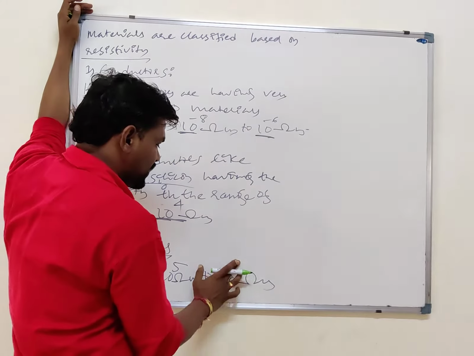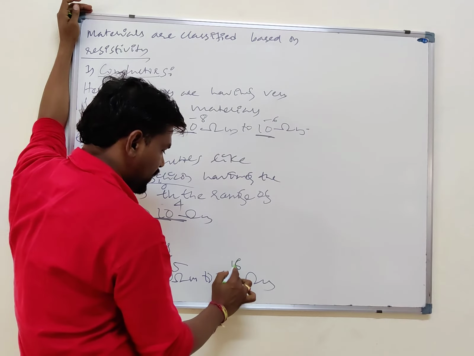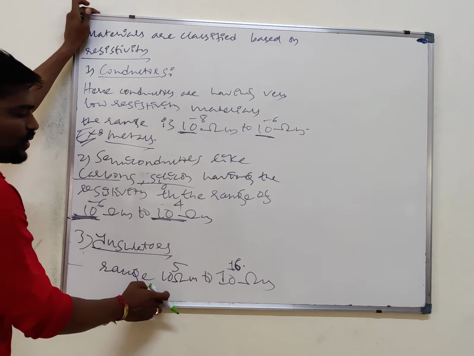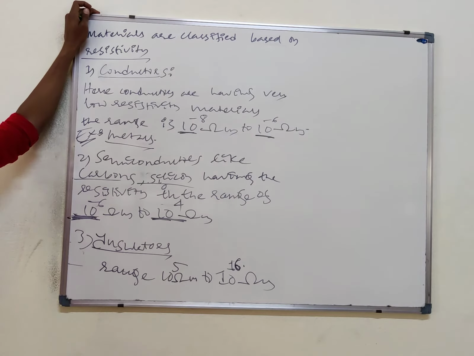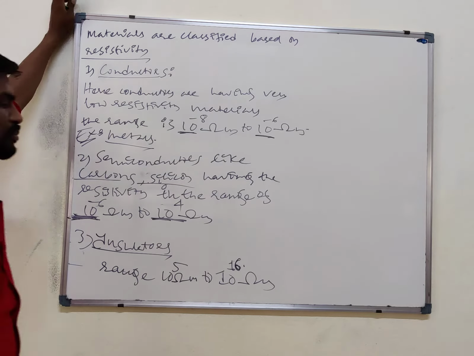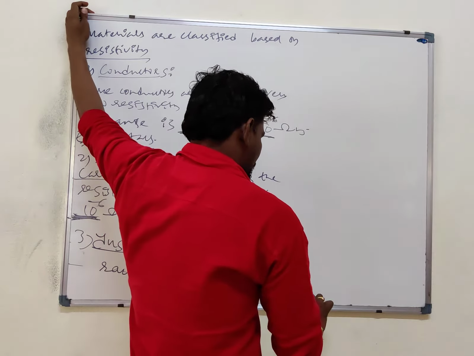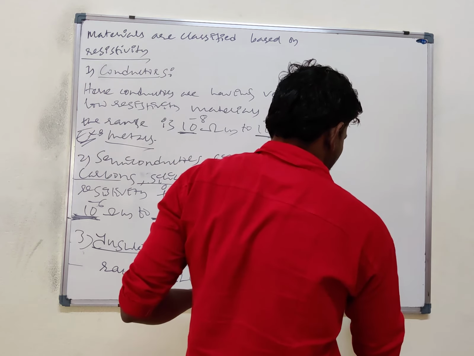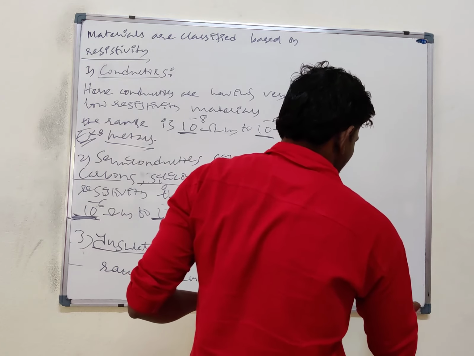So this is the insulators range. Examples are ceramic, rubber, and plastic.